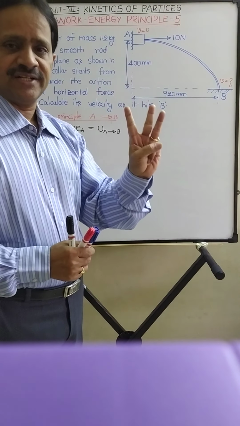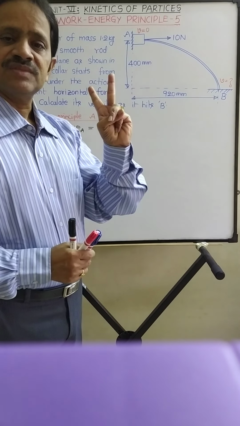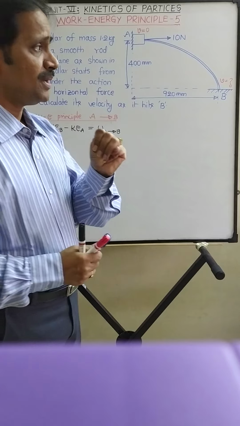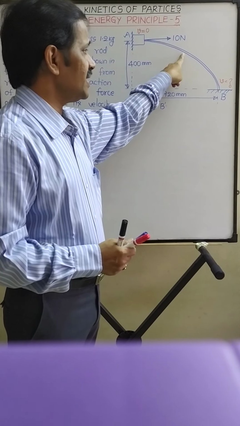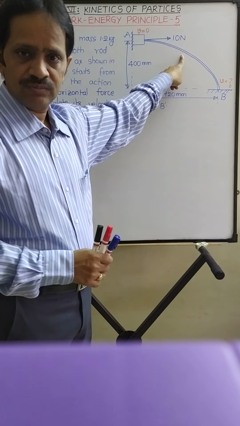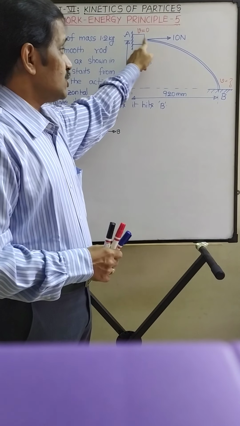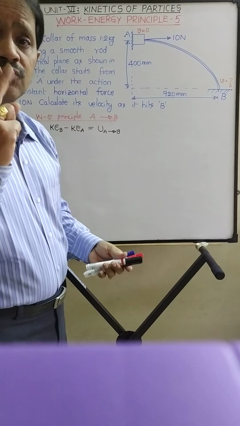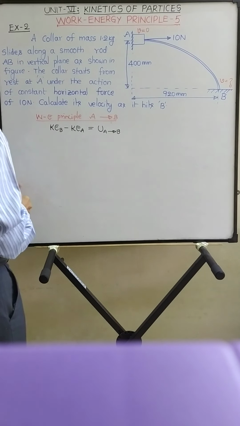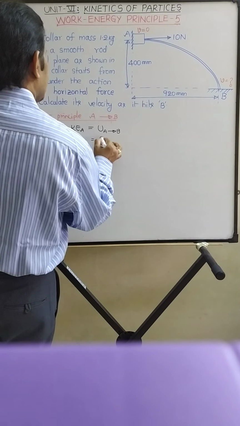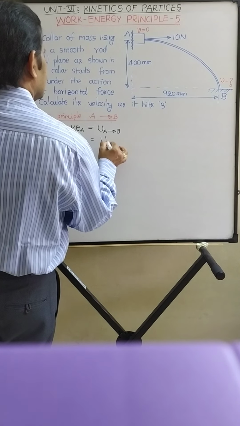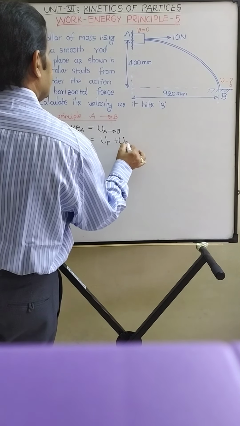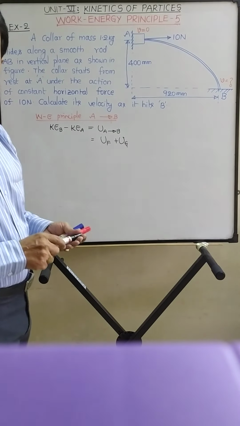So three forces are acting: applied force, gravitational force and normal reaction or normal force. But the work done by the normal reaction is always 0 because there is no displacement in the normal direction. So the two forces are doing work. That is work done by applied force plus work done by the gravitational force. Right?